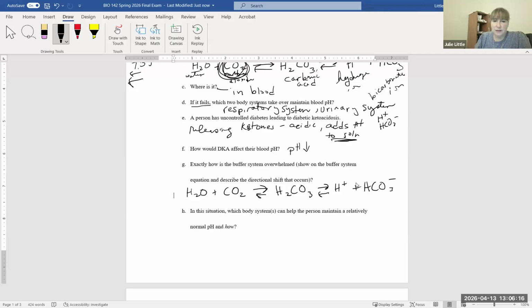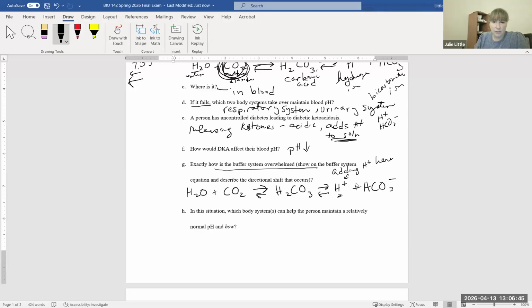My question specifically is, how is a buffer system overwhelmed? Show on the buffer system equation and describe the directional shift where we're adding hydrogen ions on this far right side of the equation. If we add a bunch here, the only way that we can control pH is to bind them up with this bicarbonate ion to produce this carbonic acid.